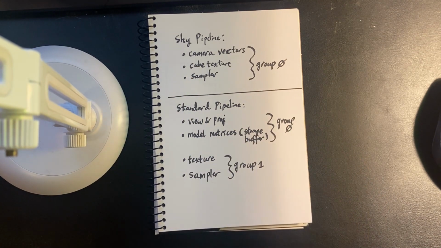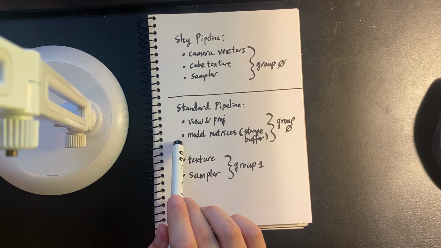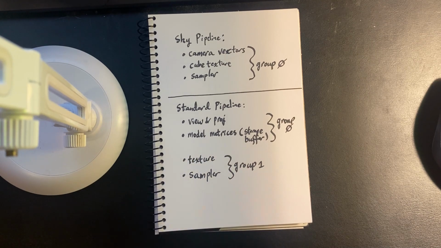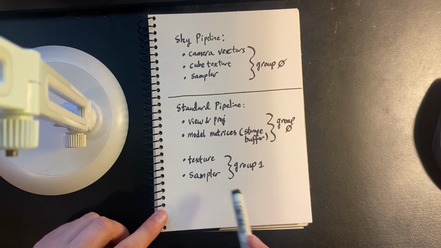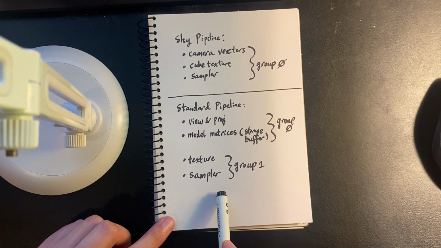By contrast, in the standard pipeline, some of this stuff gets declared up front. For instance, the model matrices are a storage buffer and they have a whole bunch of model matrices, mat4s. They are all sent in one go, and then that data is read back as rendering proceeds. On the other hand, the material is basically rebound for each different group of objects.